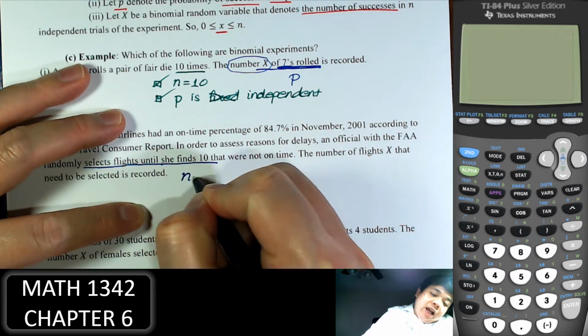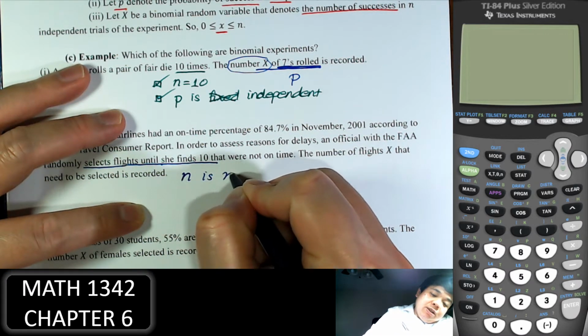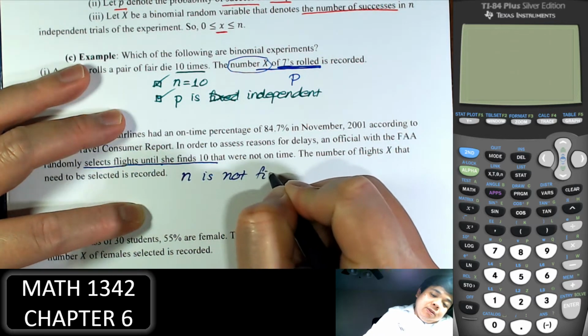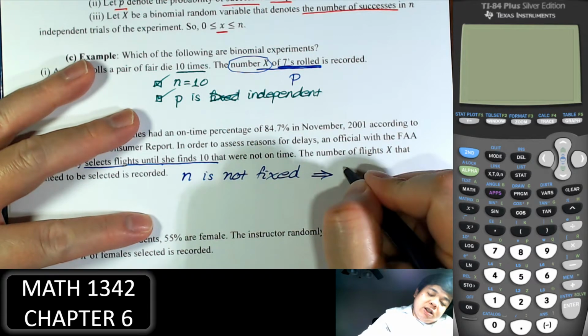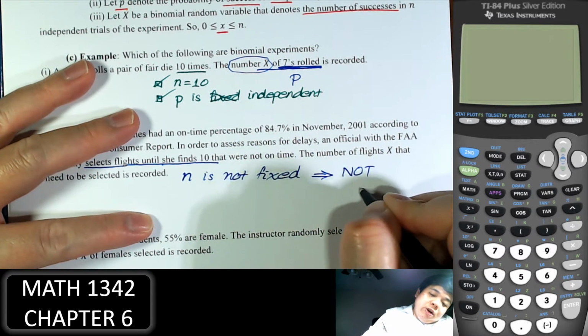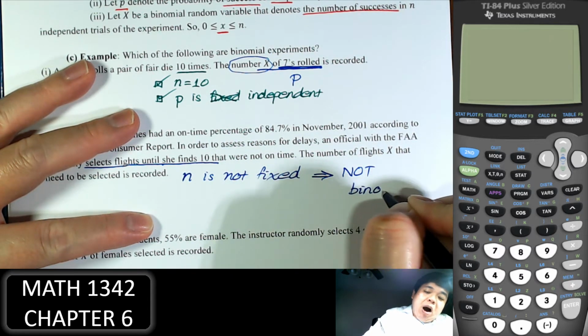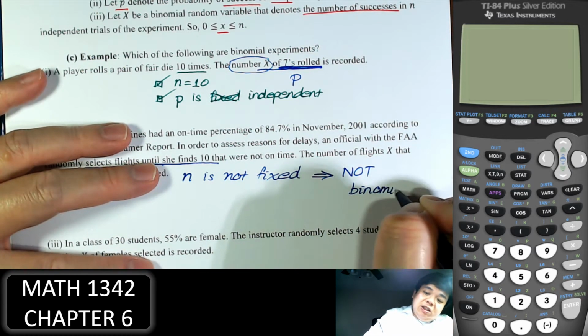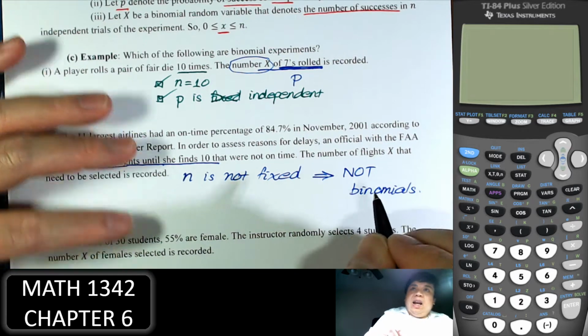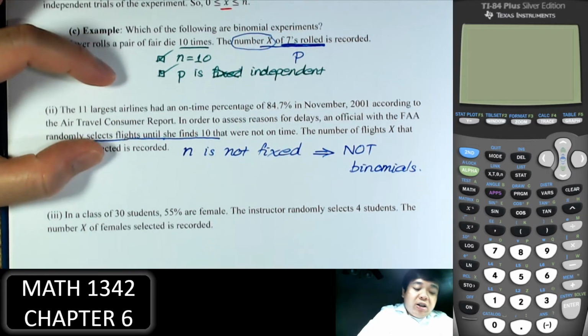So n is not fixed. So we don't have the fixed number of trials. So that is not binomial. By the way, bi means 2. So there's only success or failure. And like I said, success or failure is the way we define it. Right.